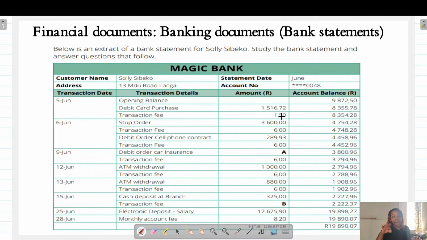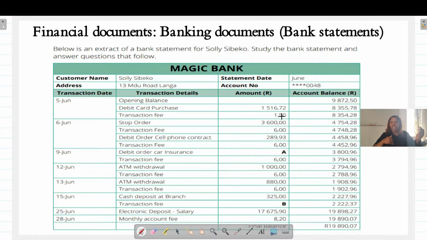So every time there is a transaction in his account, let's say money is coming in or money is coming out, he gets charged a transaction fee. In this case, he was charged a transaction fee of R1.50 because money came out of his account. Cool stuff.